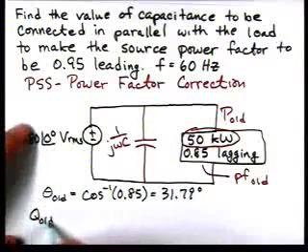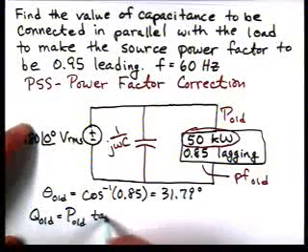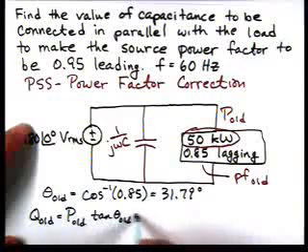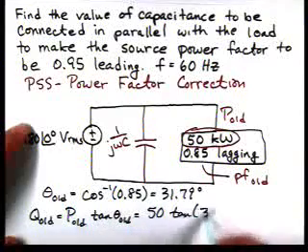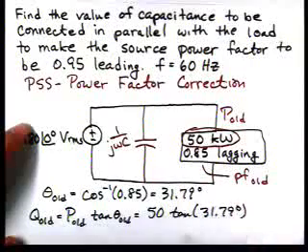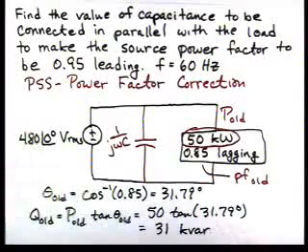So Q old is P old times the tangent of theta old. So we have 50 times the tangent of 31.79, and that's 31 kilovars. Okay. So there's the value of Q old.